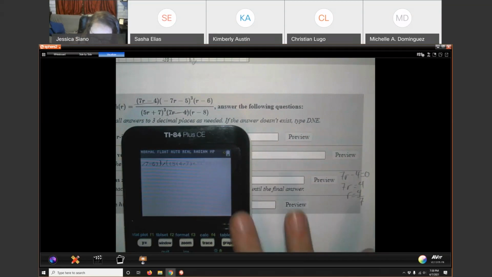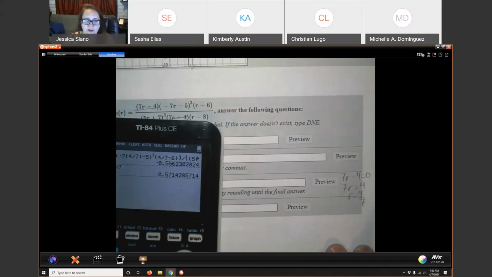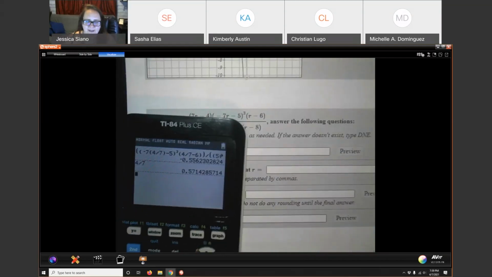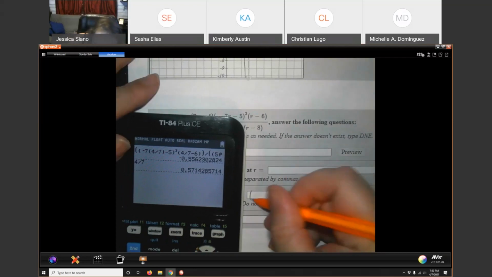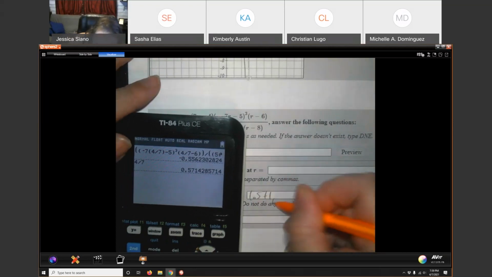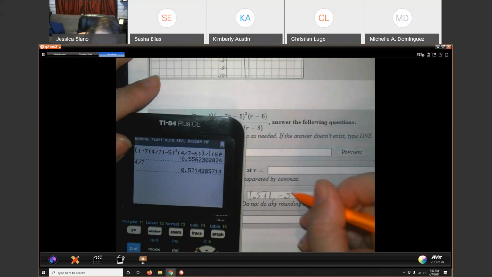Nope. 8. Big parenthesis to close out the denominator. So then my hole occurs at 0.571, negative 0.556.